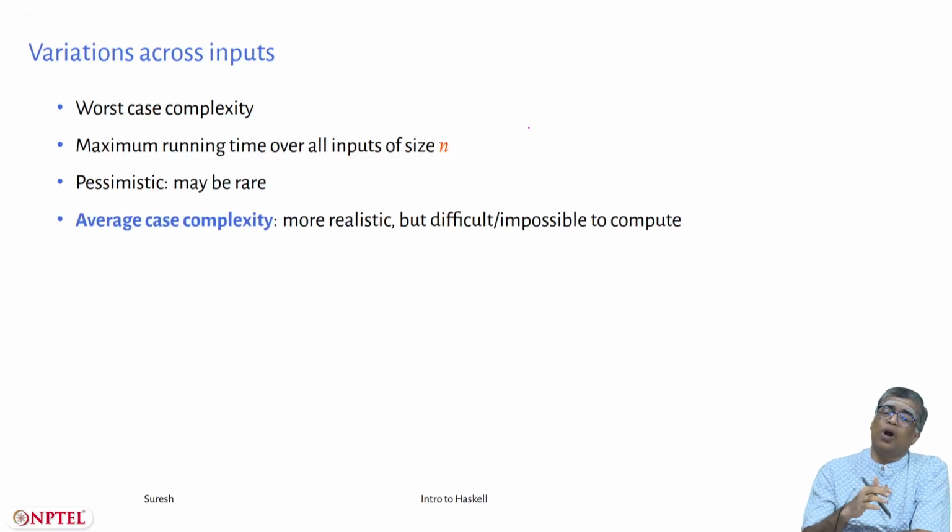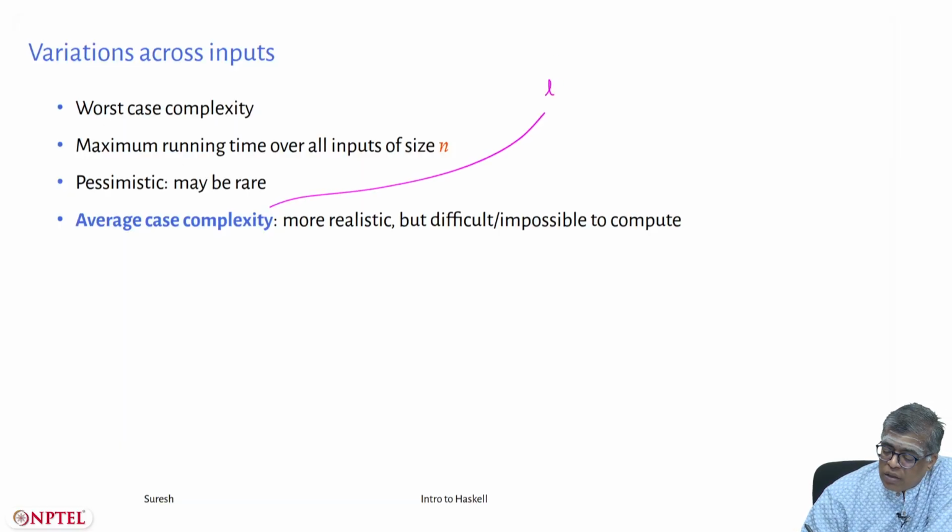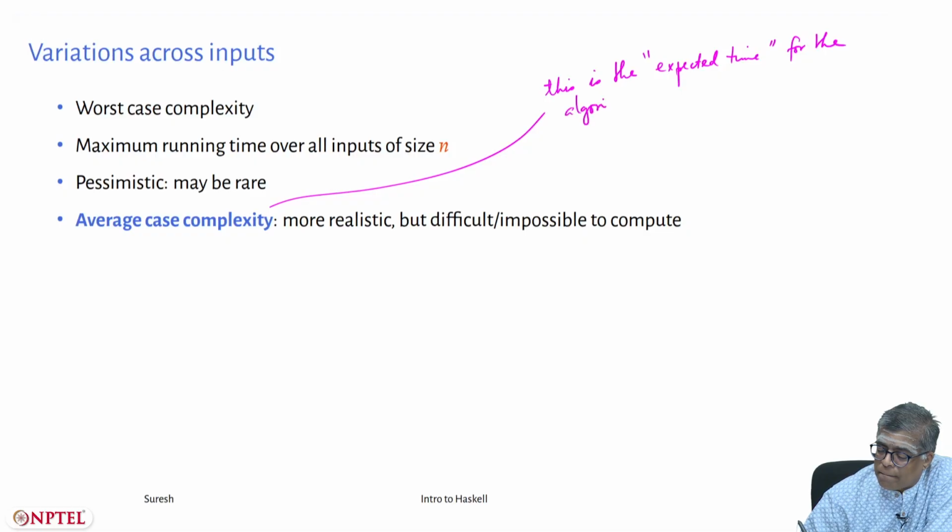Okay. If you want, you can actually do something called average case complexity, which is a more realistic measure. What average case complexity means is that this is the expected time, expected in the sense of probability, expected time or average time for the algorithm over inputs of size n.